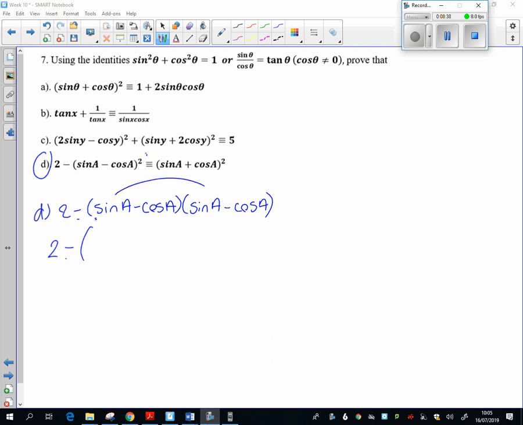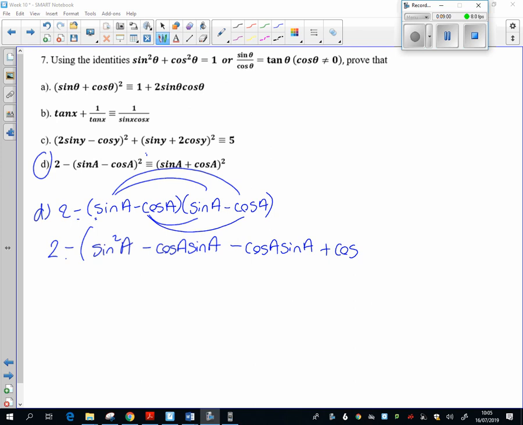So I've got sine A times sine A. I've got sine A times minus cos A. This time I'm writing the cos first, it really doesn't matter. And then another minus cos A times sine A, and then minus cos A times minus cos A. Okay, so then I think what I'll do is tidy up those brackets first before I worry about that minus.